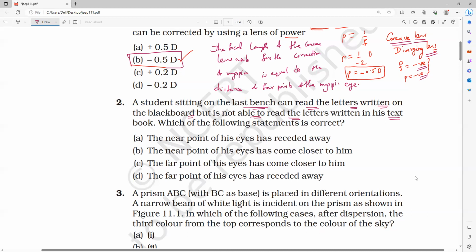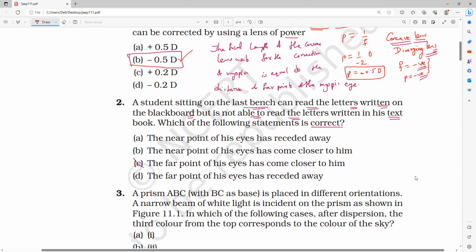Hypermetropia. Yes, hypermetropia. Which of the following statements is correct? The near point of his eyes has receded away. The near point of his eyes has come closer to him. The far point of his eyes has come closer to him. The far point of his eyes has receded away.